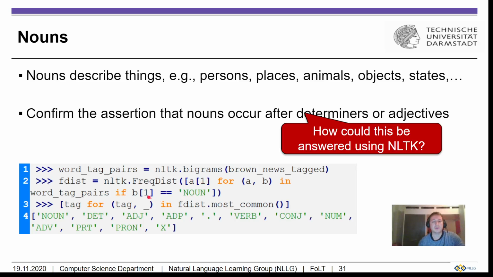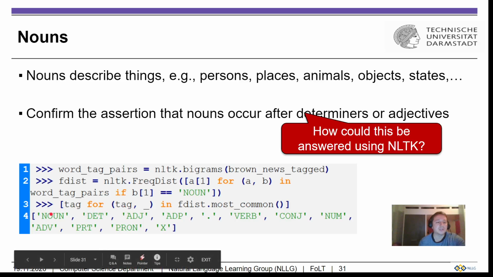If the second one is a noun, we take the part of speech tag of the first one. Then we look at the most common things that precede nouns. What we're going to see is that it could be another noun, a determiner, an adjective, or an adposition. So these are the most frequent ones.